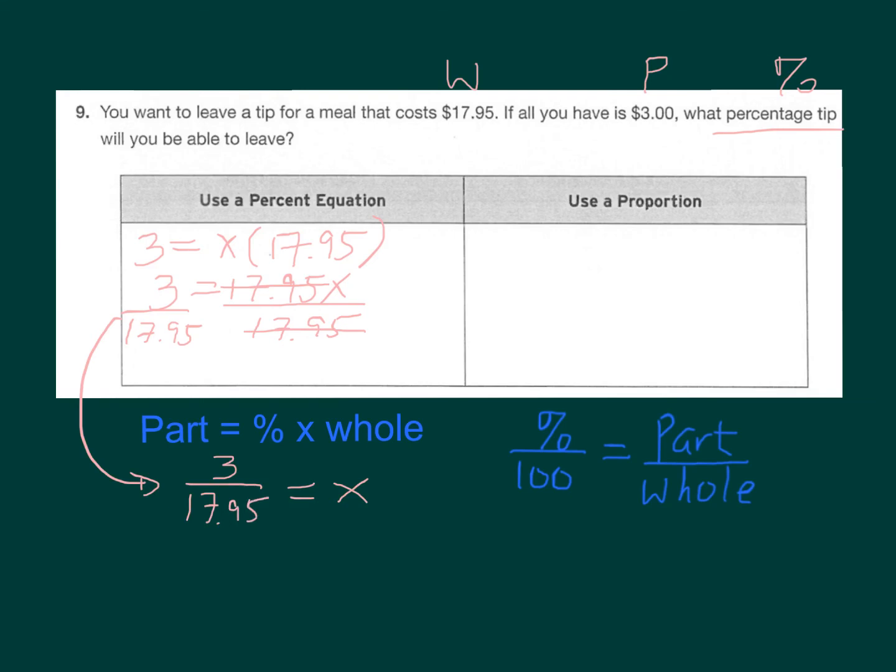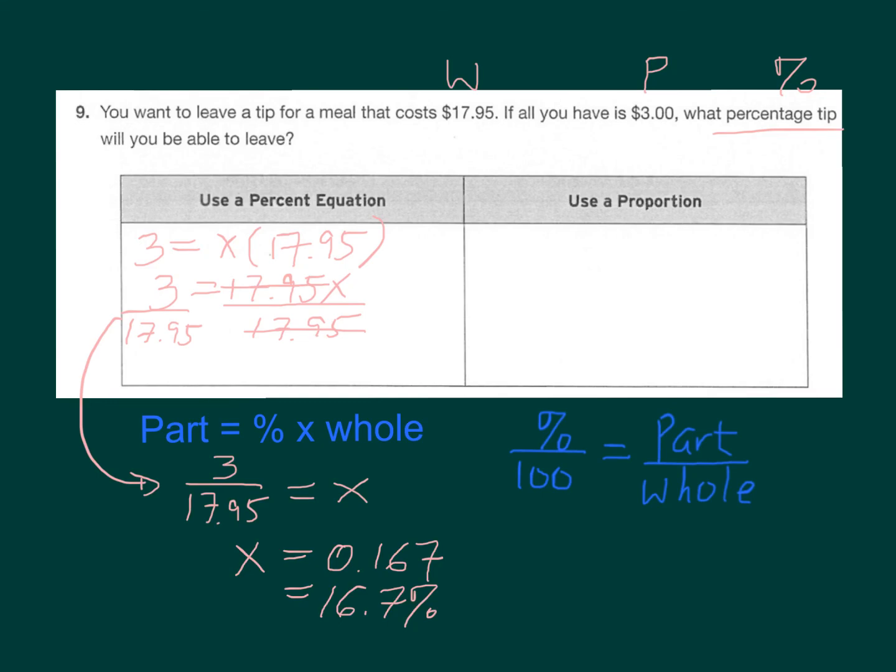Okay, so now you can grab your calculator and then do 3 divided by 17.95, or if you're using long division, make sure that 3 goes into the division house. Okay, so you should have your answer, which is 0.167 something. And then you convert it to percent. So multiply this by 100%, which is 16.7%. Okay, so 16% tip, that's not too bad.